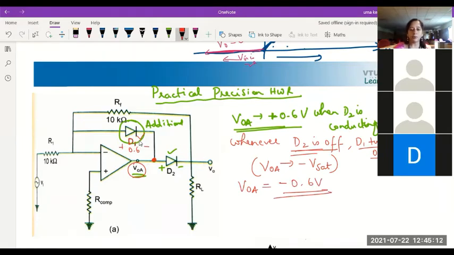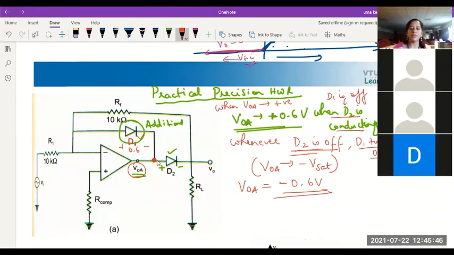Can you see the beauty of this? When VOA was positive, the output tended towards positive saturation and D2 was conducting. Whenever D2 was conducting, D1 will be switched off. Both diodes are connected in opposite polarities.